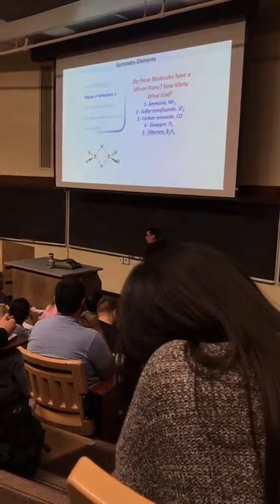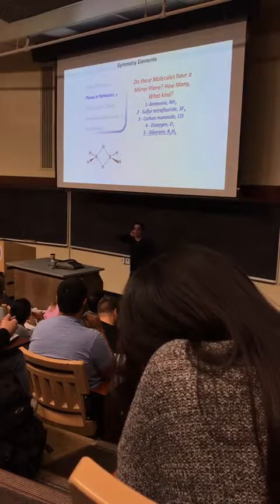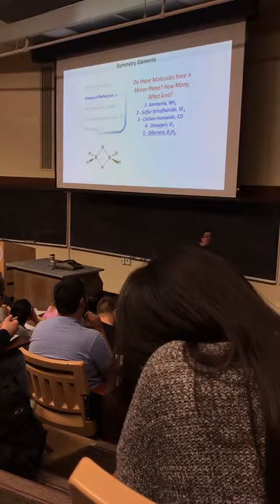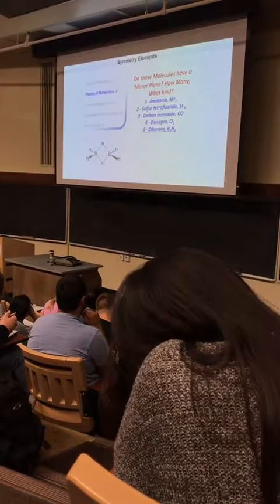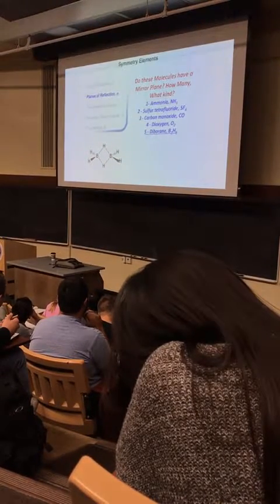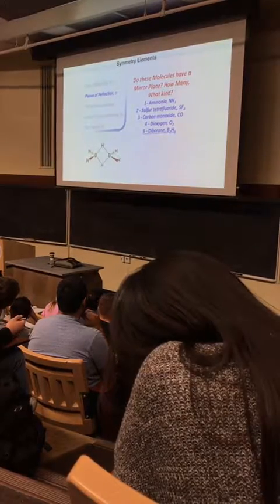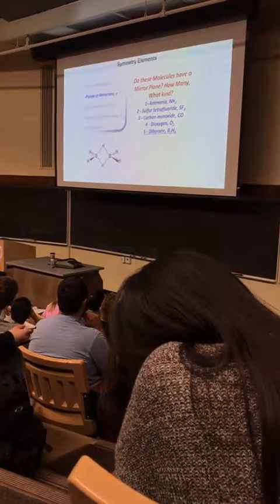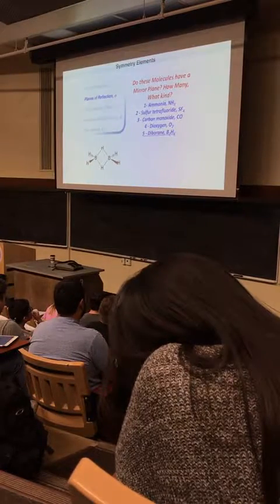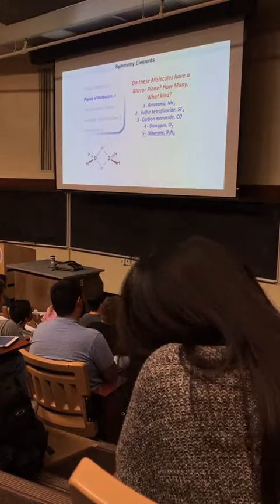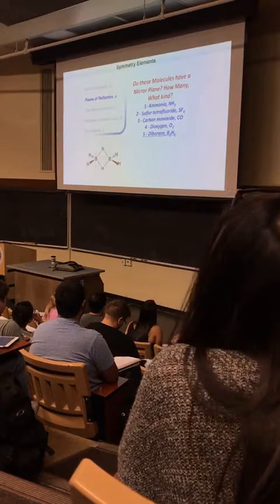And so is there another primary axis of rotation? Is there a higher order axis of rotation than a C2? Is there a C3? C4? No. 3 C2s, and that's it. So which one's the highest? They're all equal.